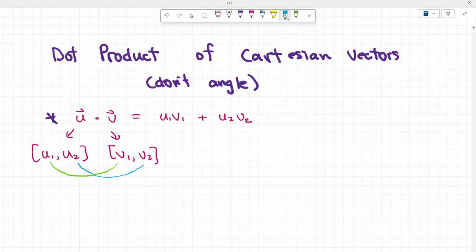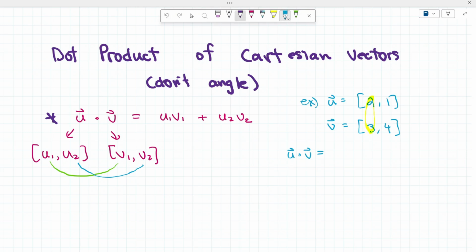So if we do a quick easy example of this, say we have u equals (2, 1), and we have that v equals, let's say, (3, 4). How are we going to do this? u dot v is going to equal, remember, u1 and v1 multiplied together.